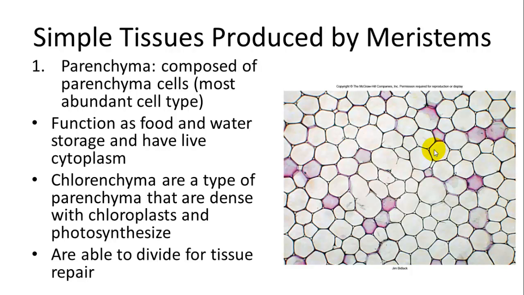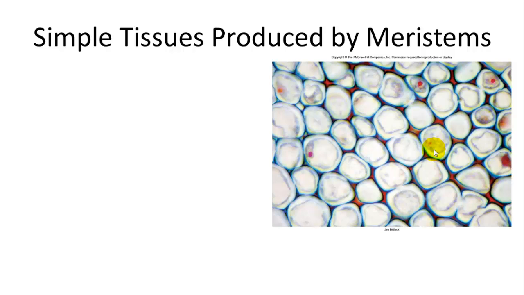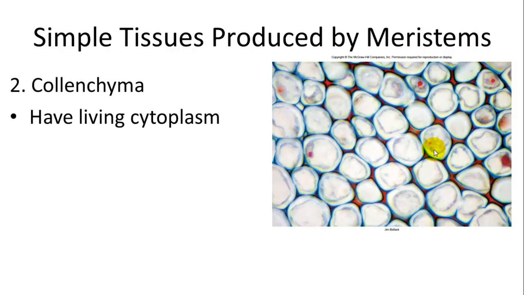Sclerenchyma are a specific type of parenchyma that have a lot of chloroplasts, so they can also photosynthesize. And these are also able to divide. If there is some sort of injury to the plant, they can also be a site of mitosis for tissue repair. Collenchyma are another type.